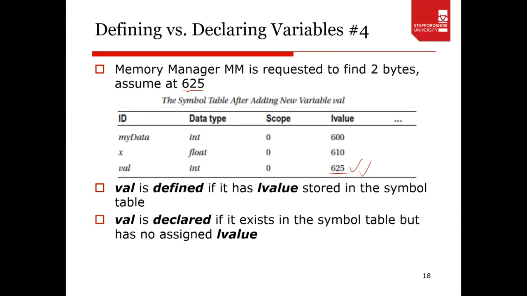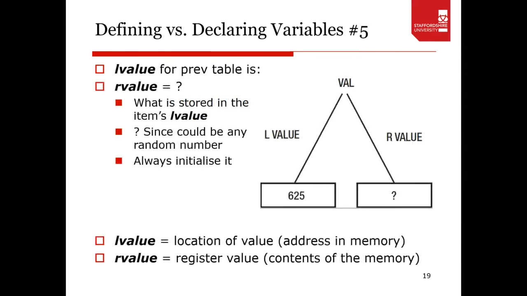It's declared if it exists in the symbol table but has no assigned L value. So it's defined if it has an L value. It's declared if it exists here but it doesn't have an L value. So that's the difference between declared and defined.